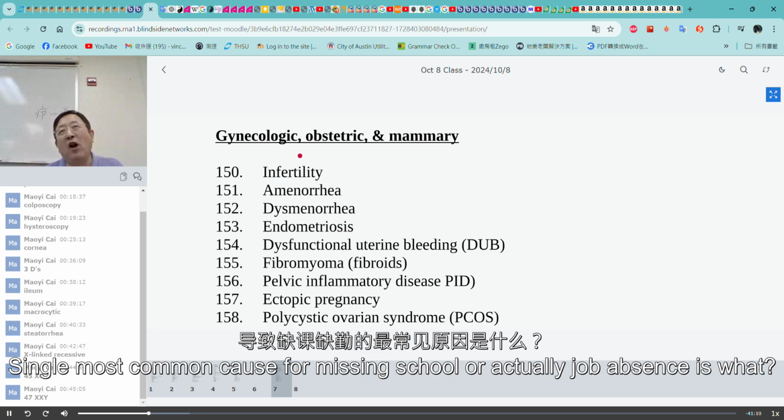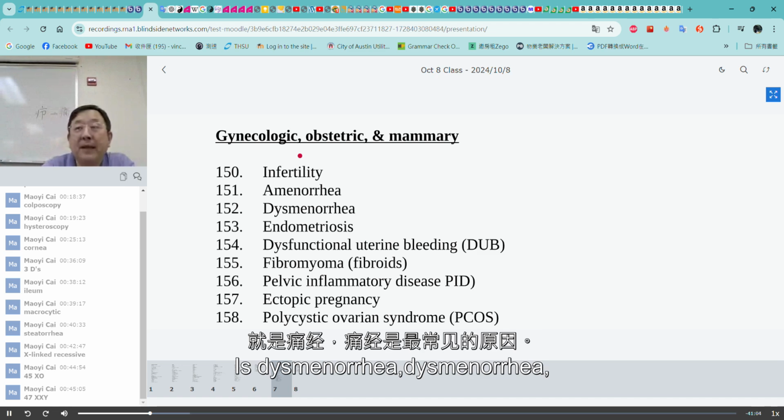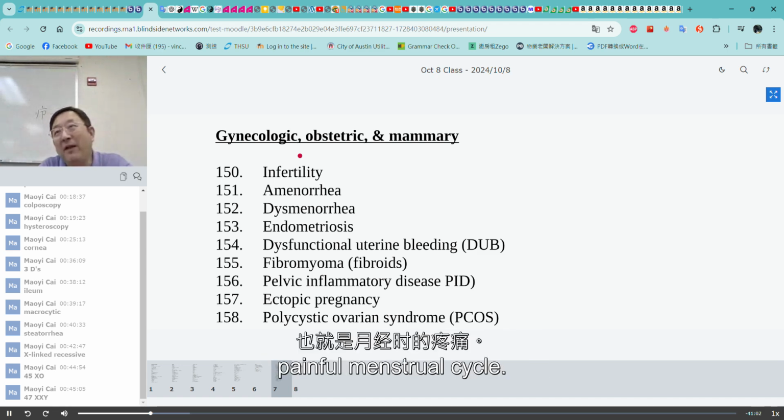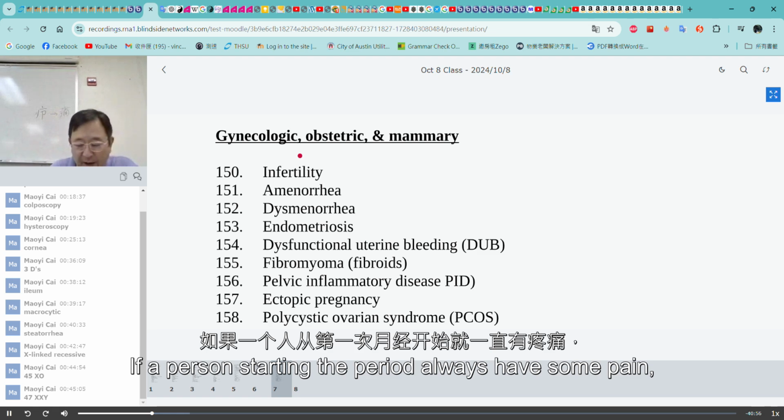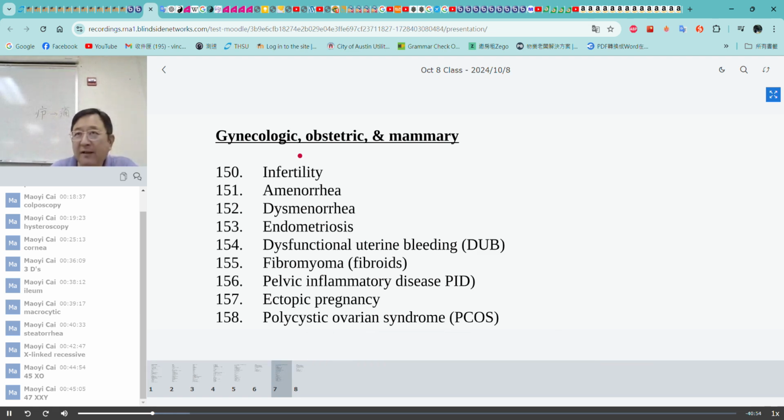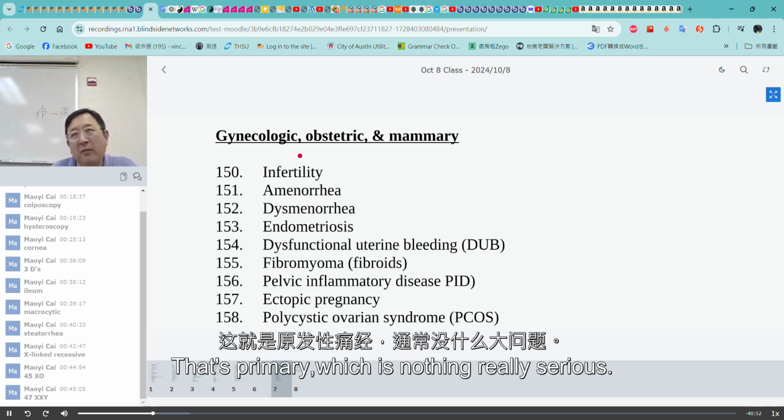It is dysmenorrhea, painful menstrual cycle. But if a person starting her period always has some pain, that's primary, which is nothing really serious.